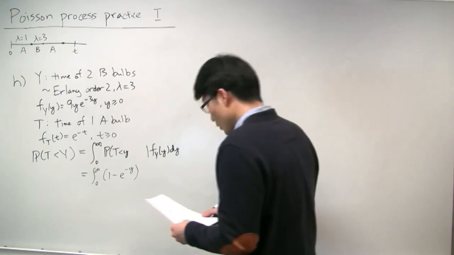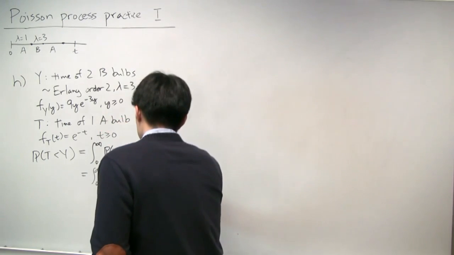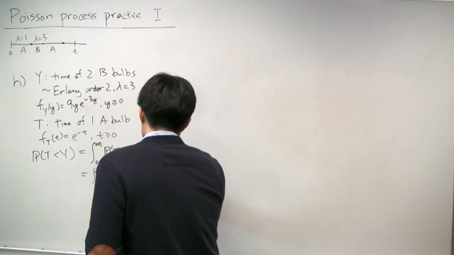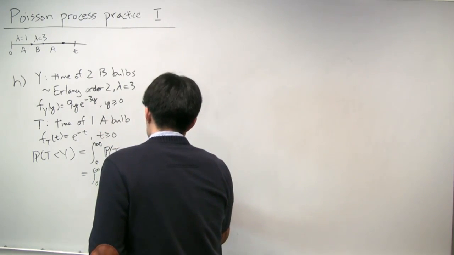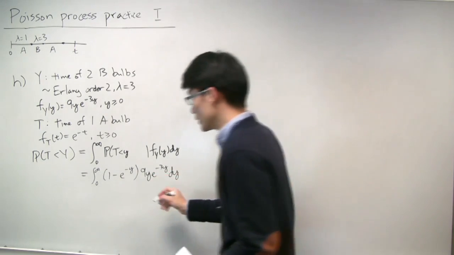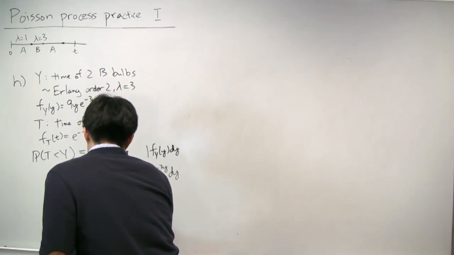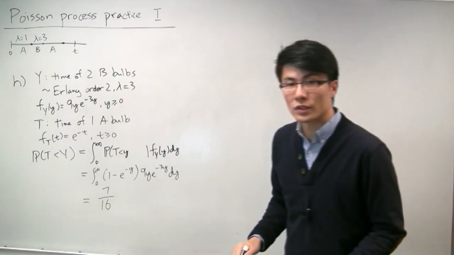And then we can also substitute in what the PDF of Y is from earlier. It's 9y e to the minus 3y dy. And so the rest of this is just calculus. And if we finish the calculation, we'll get that the probability is 7 over 16.